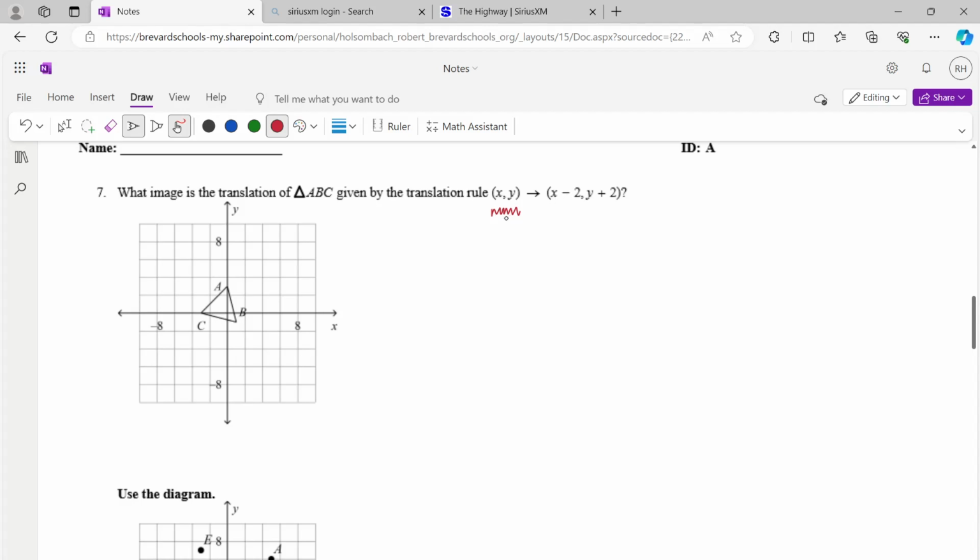So we're going to translate this thing. A is going to go down 2, and it's going to go to the right 2. So A prime goes here. And it's kind of hard to see. And then our B prime is going to go down 2.